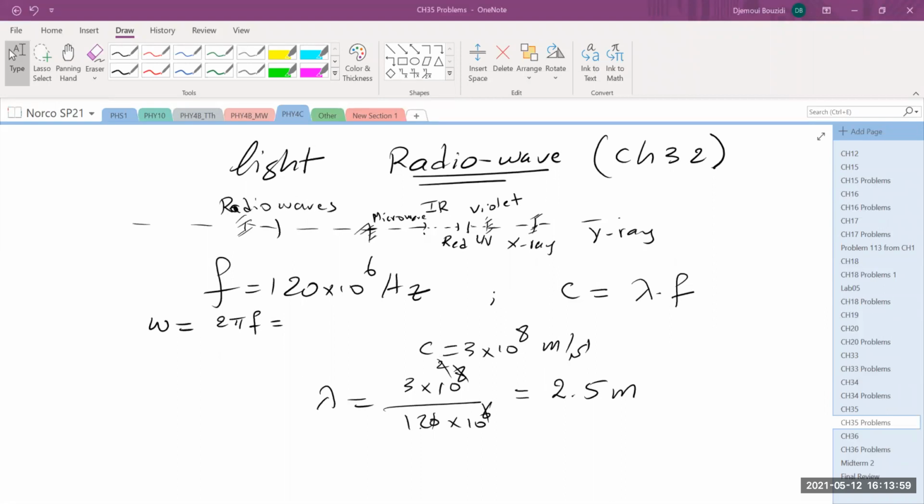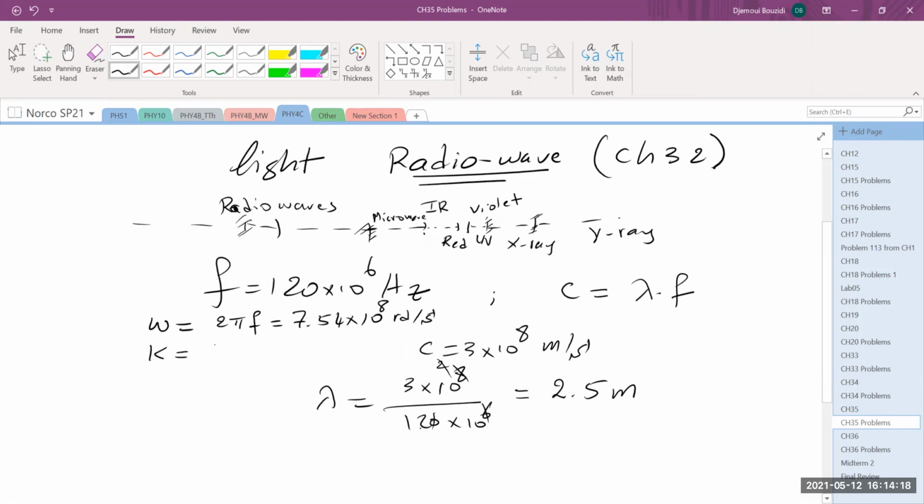So this is an omega of 7.54 times 10 to the power 8 radians per second. Now we also need the k.